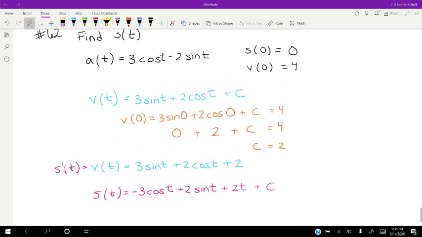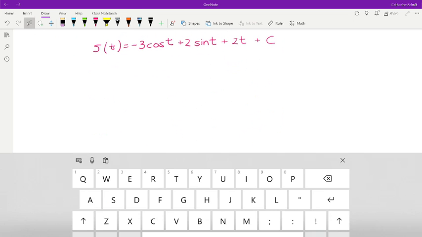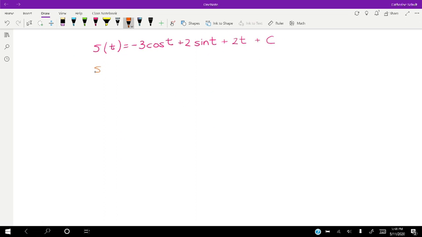All right, well, what do we know? We know initial position is 0. So let's plug in a 0. Cosine 0 is 1, so we're going to have negative 3 times 1 plus 0 plus c equals 0.